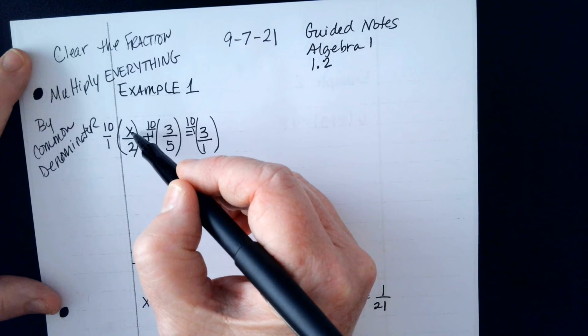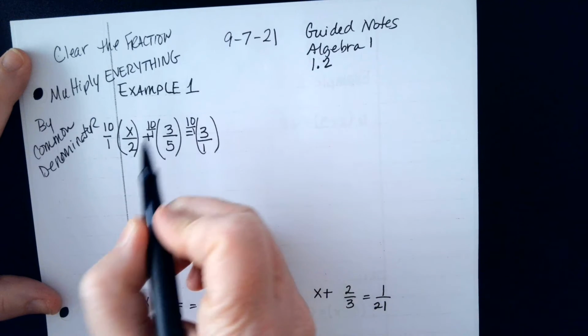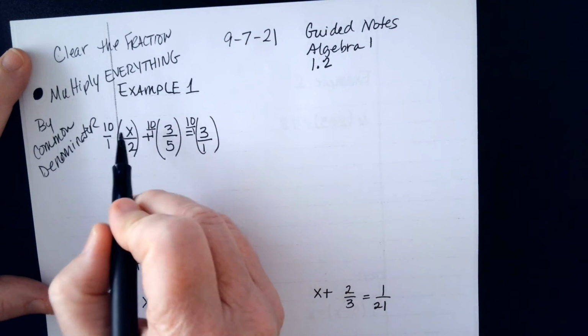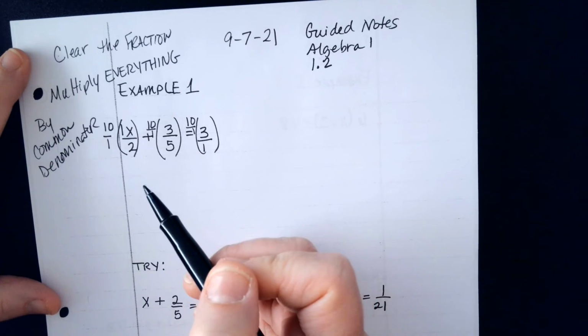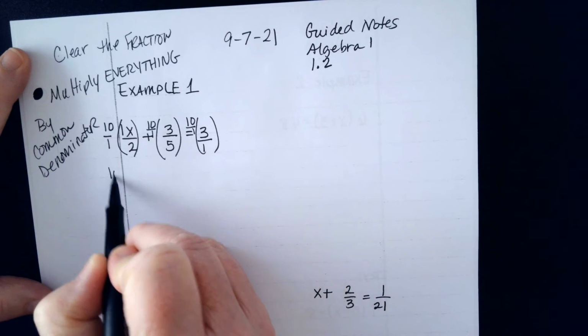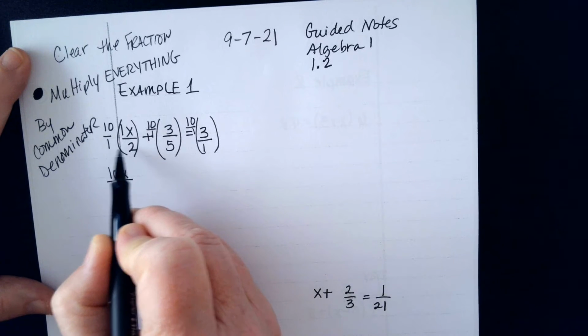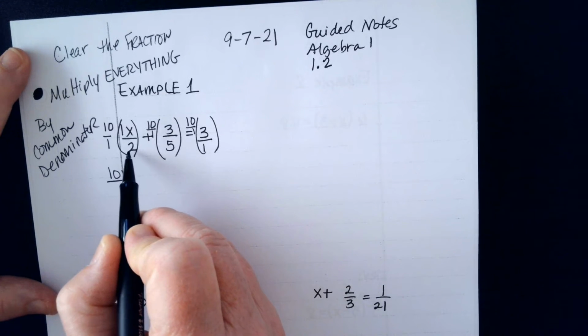What is 10 times x? Rayleigh? 10 times x. That's like saying 10 times 1x. 10x. And then let's multiply the denominators here. What is 1 times 2?